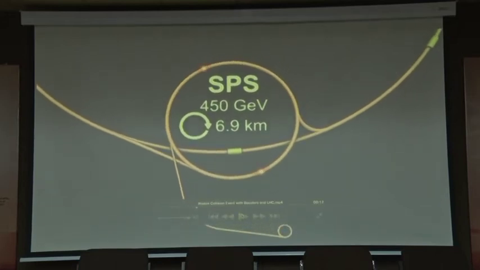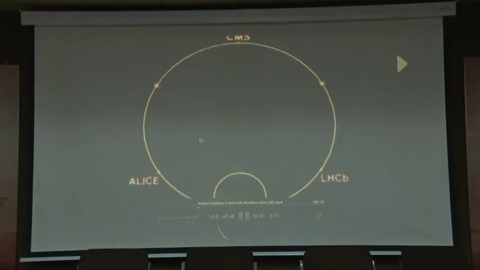So these are accelerated in steps. You have a booster here, then there is the proton synchrotron. So the energy is gradually increasing. If you look at the numbers, you will see the energy is gradually increasing, right. So let me run it for you.